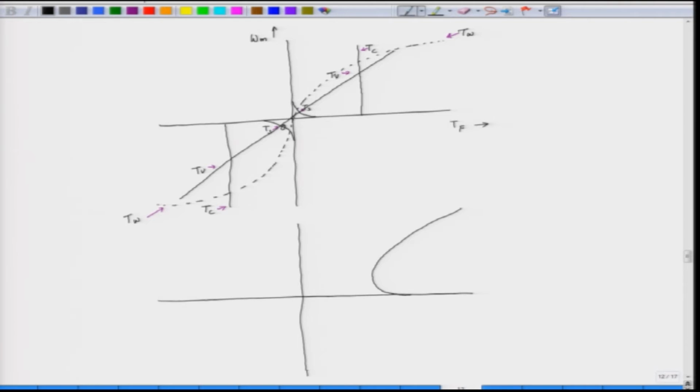Similarly, on the negative side we have static friction, it increases like this. We have the speed on the y axis and the frictional torque on the x axis. So, this is the frictional torque behavior.